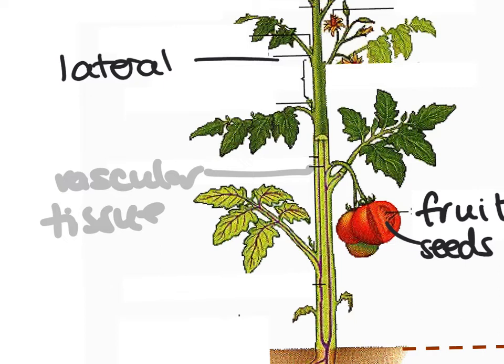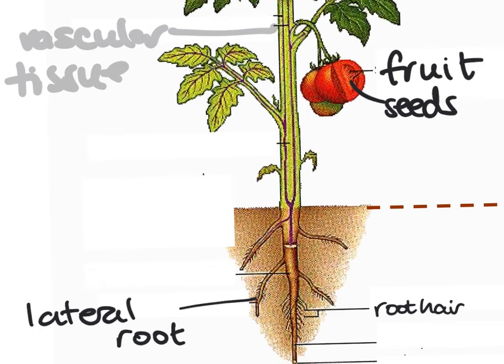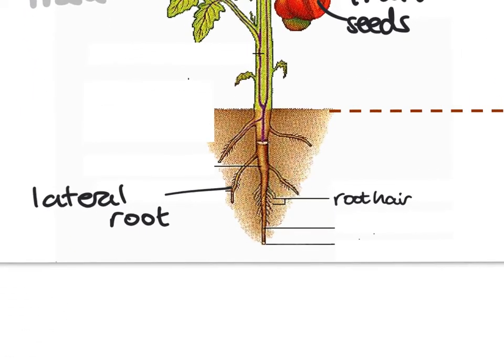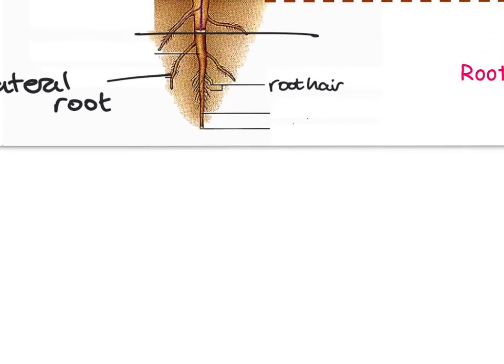So if we go down here to the roots, and if you were just to take a knife and cut through there, and then just take a razor blade and cut a very small slice of that and put it under the microscope, we'll see in the root, the vascular tissue is in the middle, but it sort of branches off.